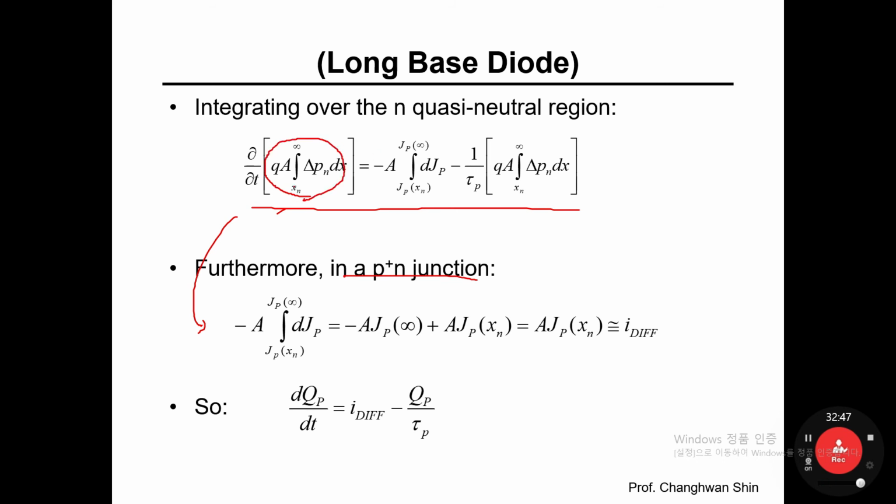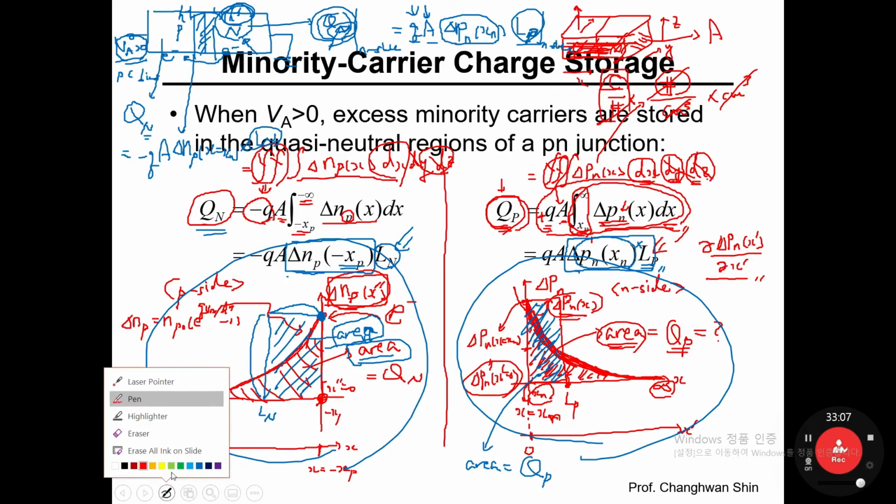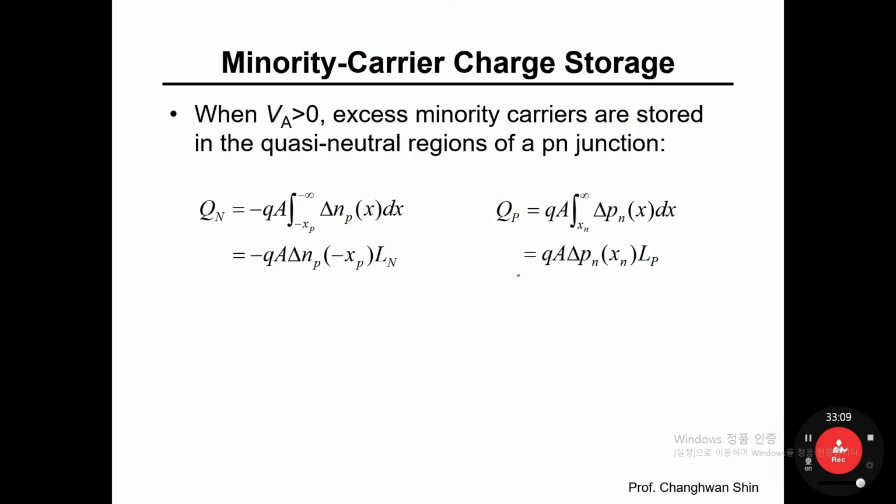Qa times the integral from x to infinity of delta p sub n dx. What was this? Yes, Qp. That has been introduced in the very first slide. Let's go back here. Qp was Qa times this. Please remember it.